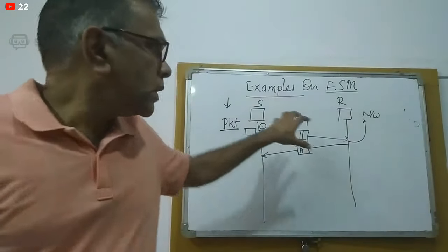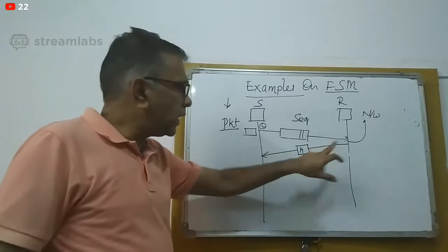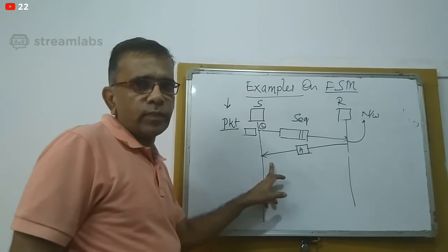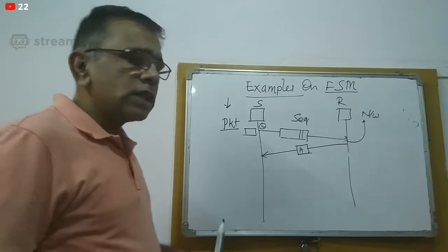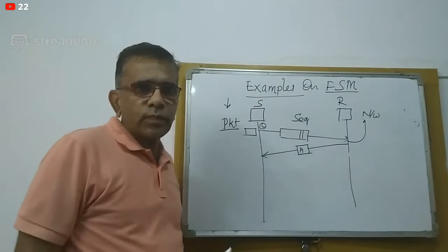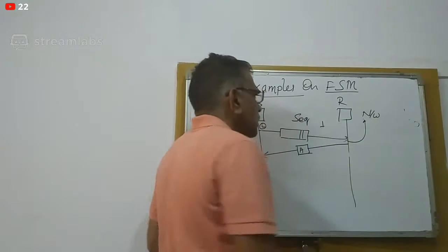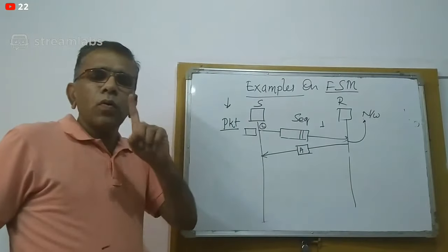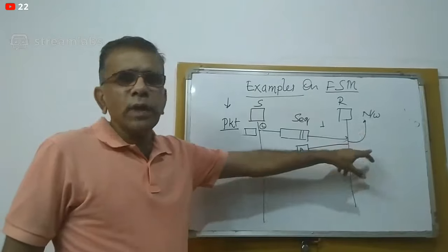Now you see the scenario in stop and wait. The sender is not sending a new frame until it gets an acknowledgement from the receiving side. For that reason, I don't need a sequence number with many bits. My sequence number will be indicated using only one bit. So only a one-bit sequence number is enough for us to convey the messages.